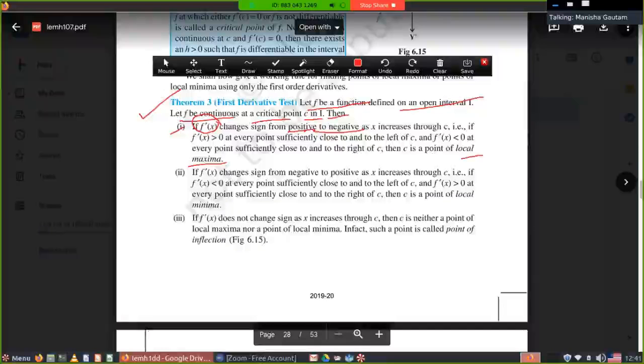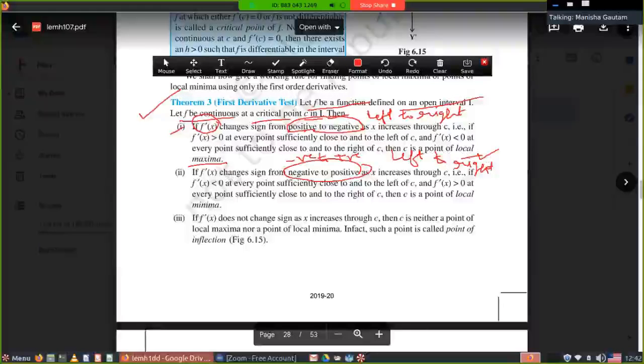What is the meaning of this? You just have to read the first line, and you must remember that if the derivative of the function changes sign from positive to negative, from left to right, at that point, then it shows local maxima. If the derivative of the function shows negative to positive sign, from left to right, this is very important to learn. From where do you have to check?